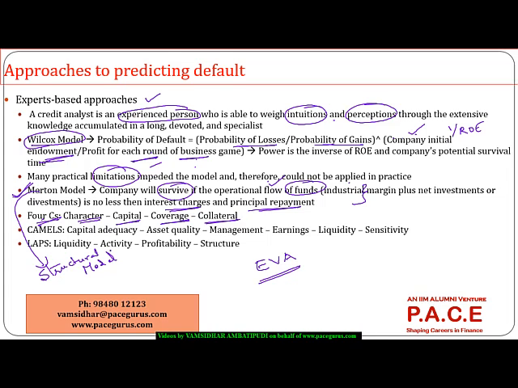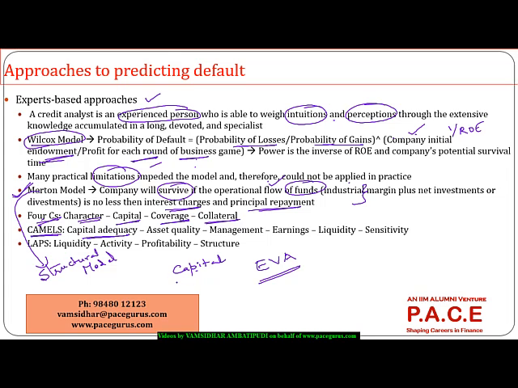Similarly, one more framework that can help us, especially in the banking system, is the CAMELS approach, where we look at capital adequacy, which is the proportion of capital to risk-weighted assets. Again, in a banking system, we use it very heavily.